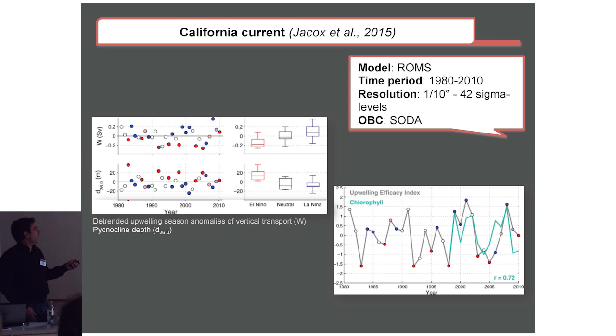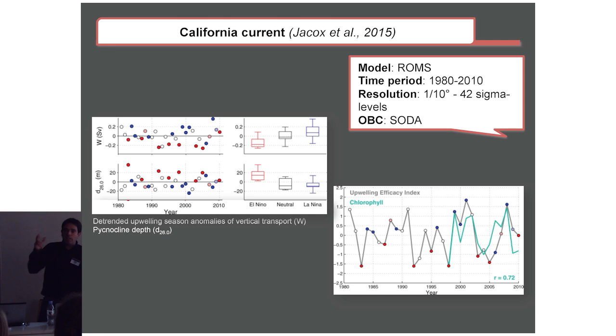And then you can see very well that you have a stronger upwelling in this region in the period of La Niña events, and you decrease the upwelling during the El Niño events. And this can be also related from this variable and other variables.